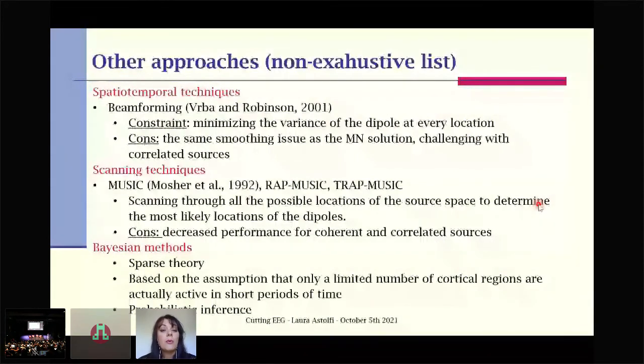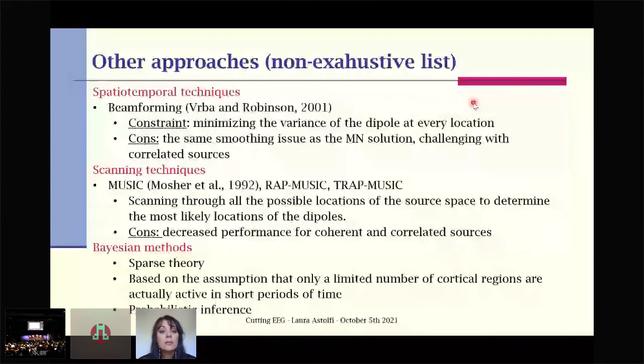Some techniques are based on the spatio-temporal properties of the data. So again, a physiological constraint related to the variance of the data in the frequency domain and in the temporal domain. For instance, the beamformer uses a constraint about the variance of each dipole in time.